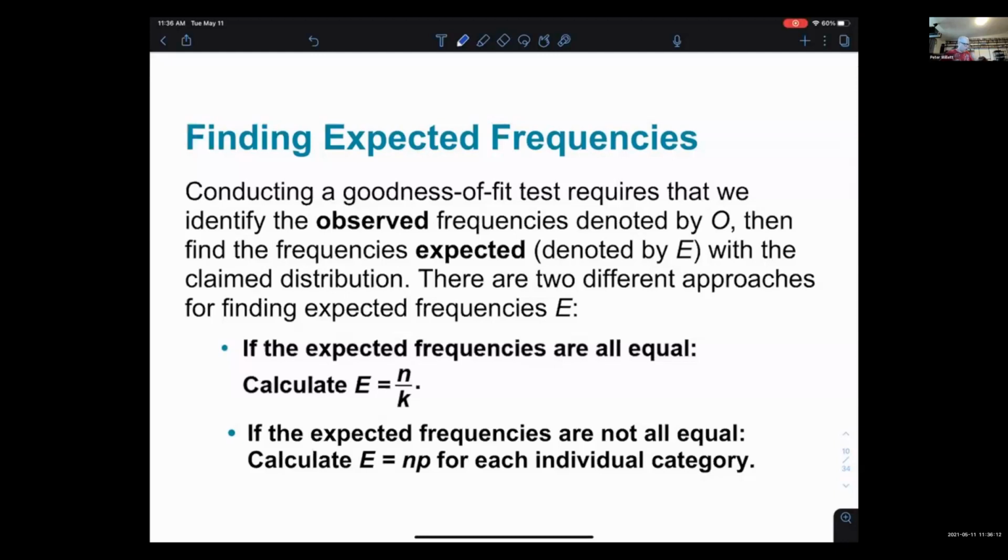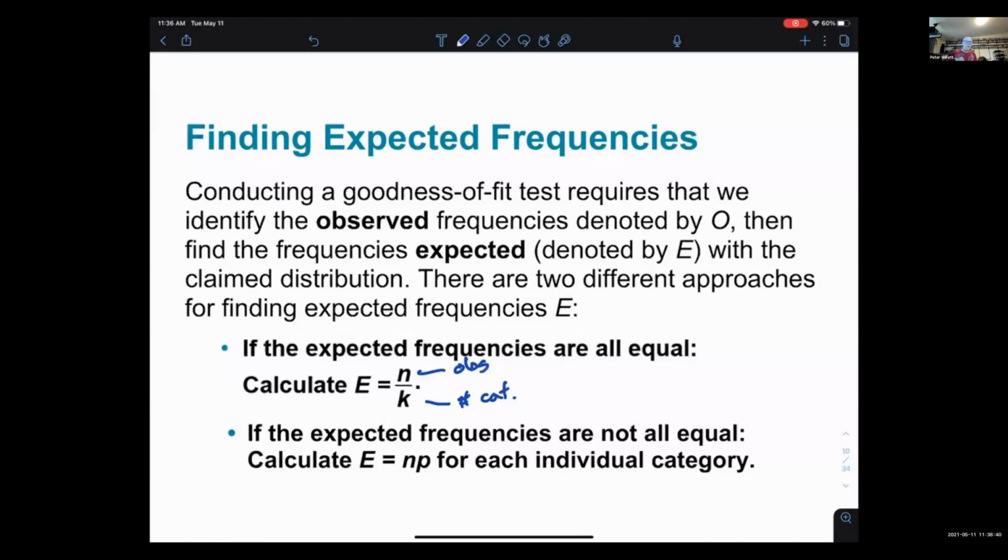If the expected frequencies are all equal, then you would expect each category would have an equal portion of all of the observed values. So you take the observed value number and divide it by the number of categories, because they would be equally distributed amongst them, and that would be the expected amount.